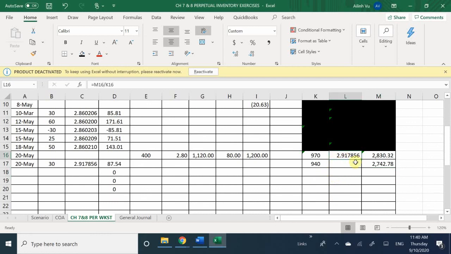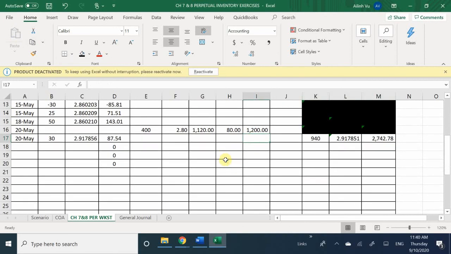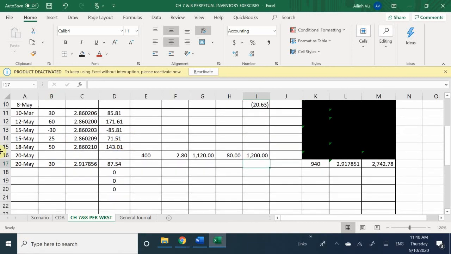And let's recalculate our cost of goods sold. Good. All right. And I'm going to get rid of that. Now that we know how much we sold a total of $87.54, as opposed to up here when we sold 30, we sold it for $85. So again, because our new cost per item has increased, therefore the total has increased.